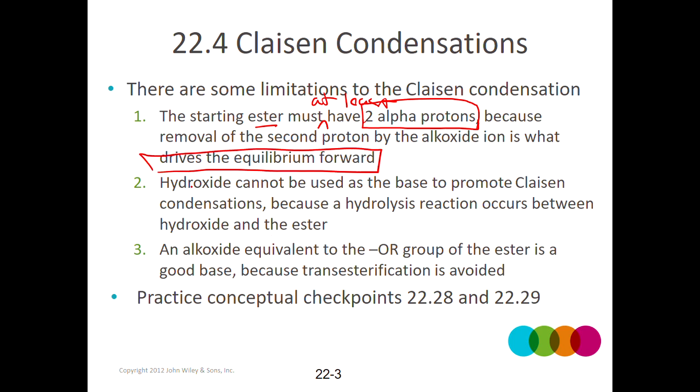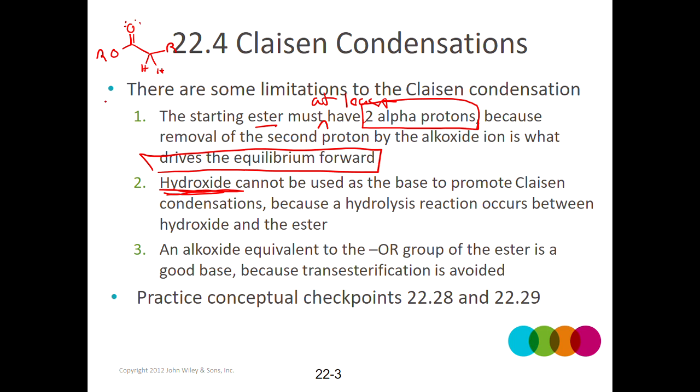The other limitation is we can't use hydroxide as a base, and that's what we've been using a lot last week. The reason for that is because the hydroxide can attack the ester and hydrolyze it, right? So if we're starting with some ester here, we might have an R group. We can't have more than 1 though, because we need to have at least 2 protons here for this to work.